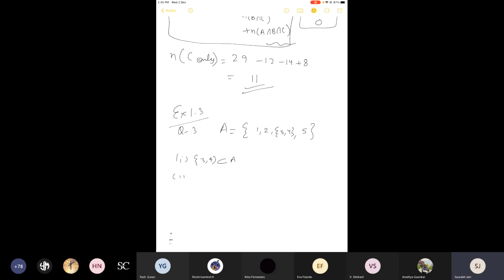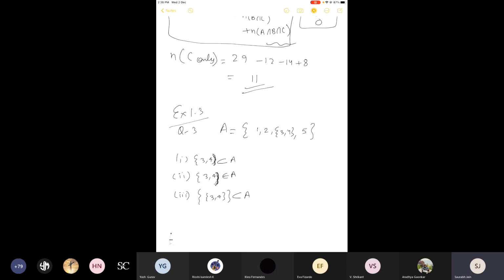For the second one, they have used this symbol, and there are other parts also. All these parts will help you understand which should be the correct option. It is given that this is the set A, and on the basis of that you have to tell which of the following answers are right or wrong. There are like 11 questions. I have written the first three. All are braces only, right?